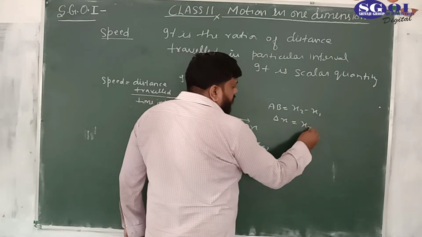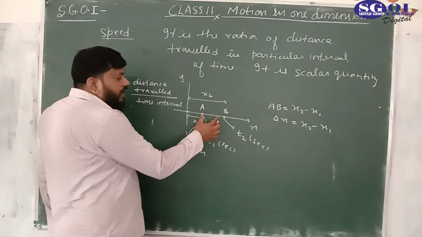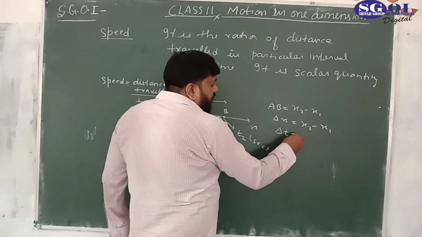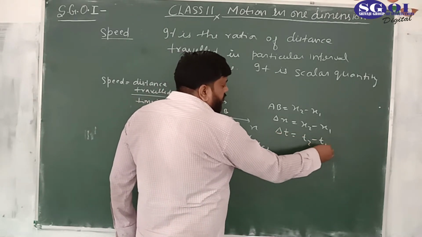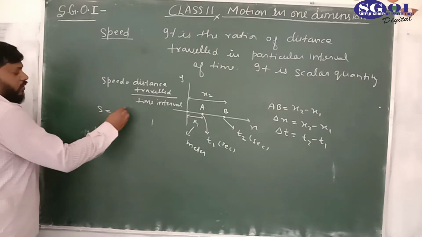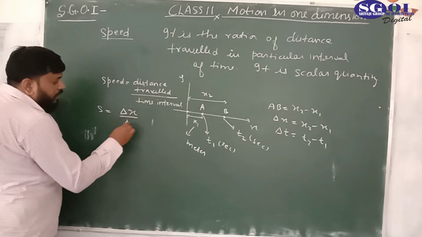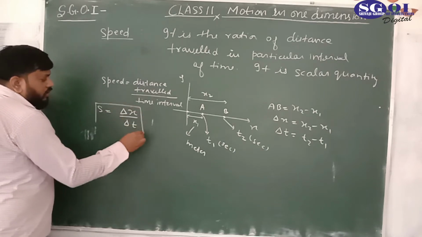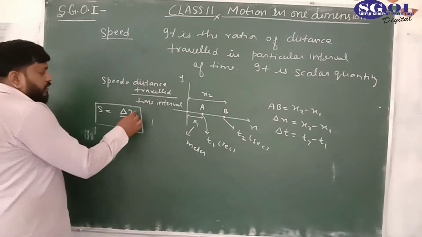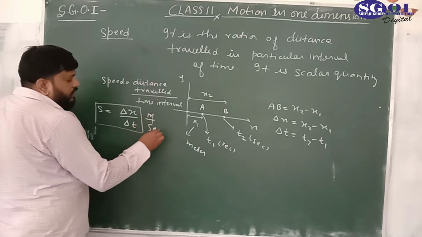The time taken to reach from A to B is delta t, which is equal to t2 minus t1. Now the speed s equals distance traveled delta x upon time interval delta t, and the unit is meter per second.